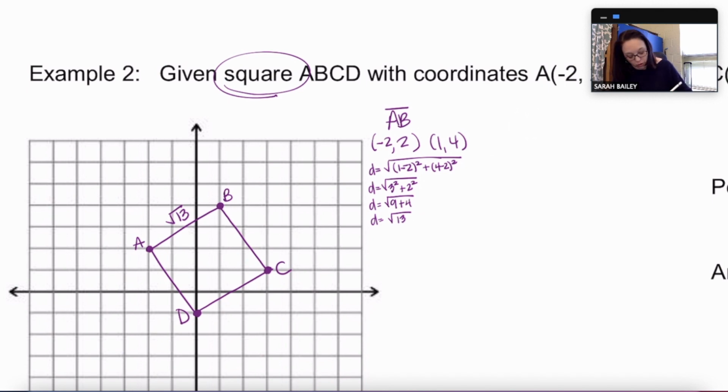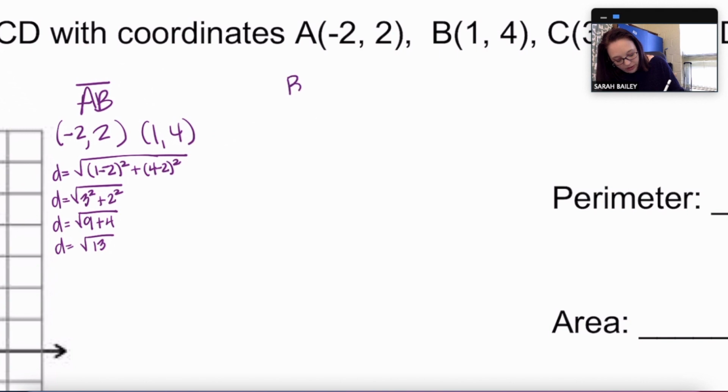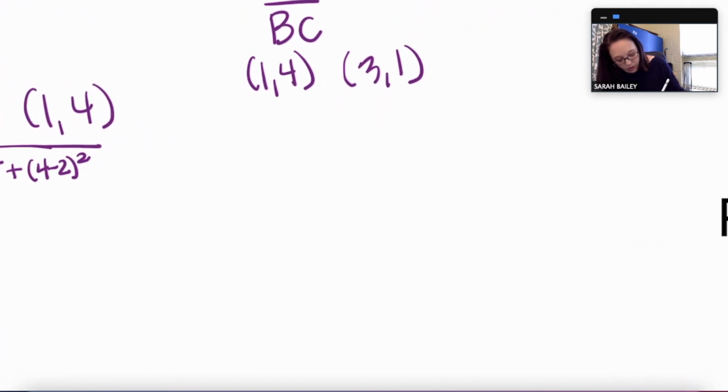I know for sure that DC and CD are going to have to be the same, right? Let's just double check. Let's try side BC and see if that also has the same length. So point B is at 1, 4, C is at 3, 1. Okay, so let's do our distance formula.